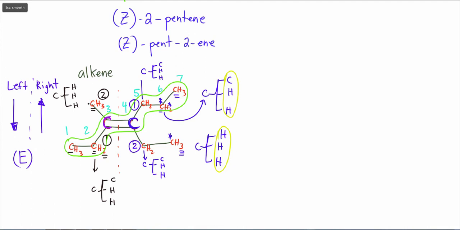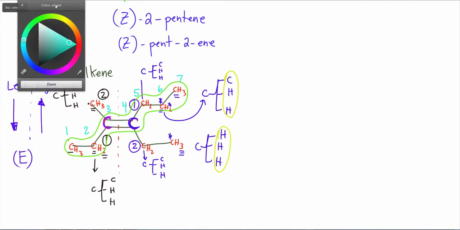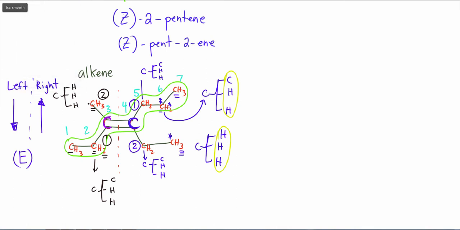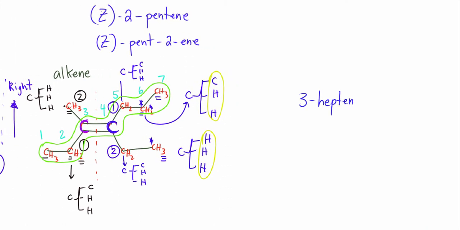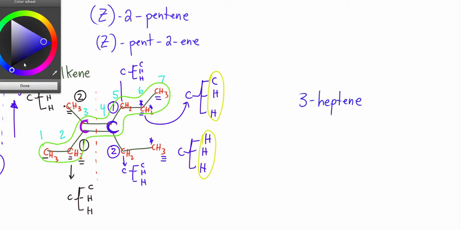So what we have is a double bond between 3 and 4. So that's going to give us 3-heptene.